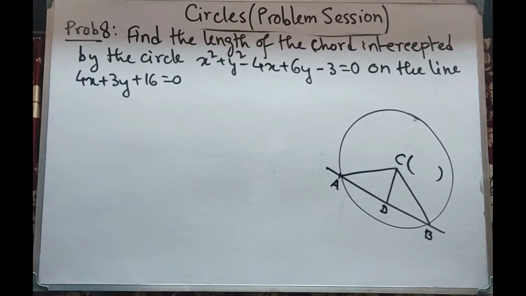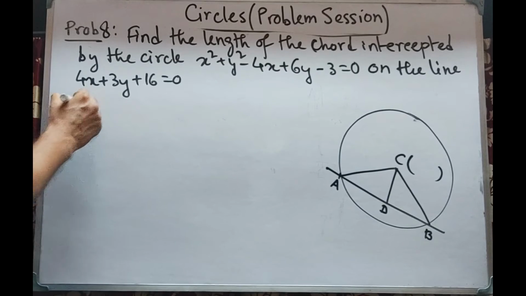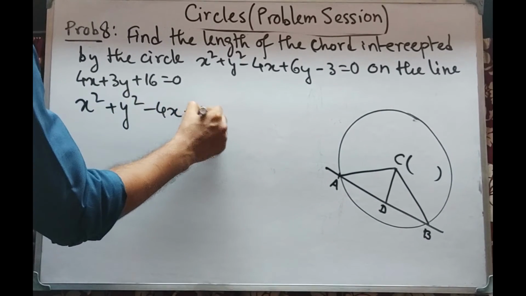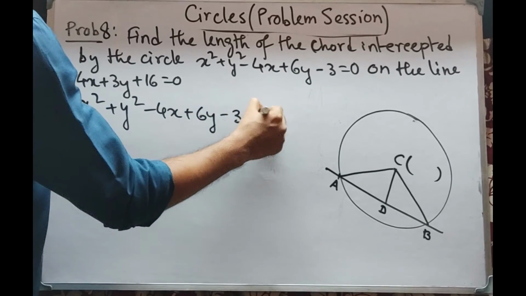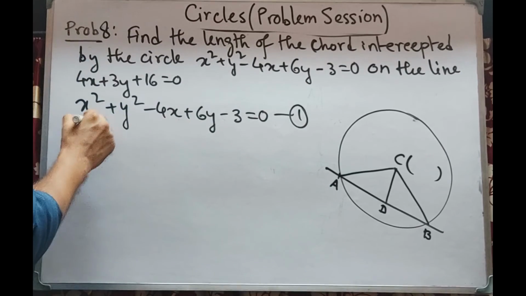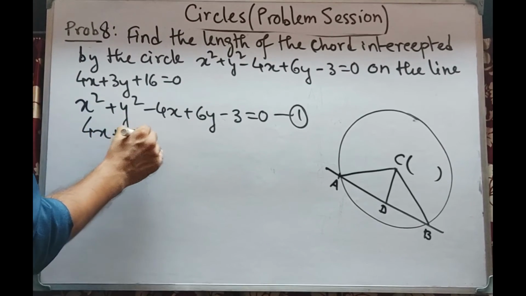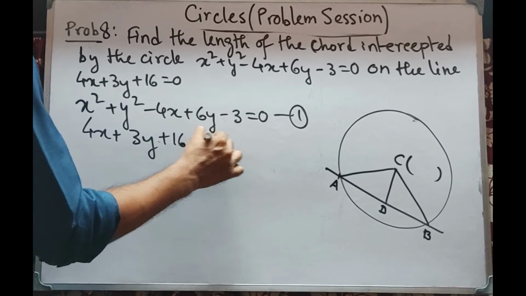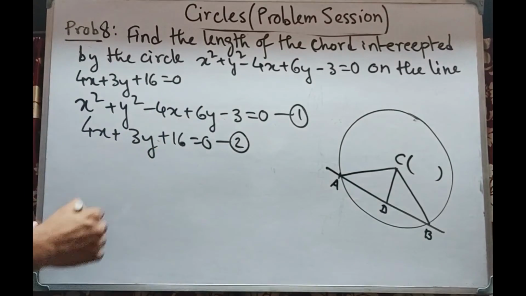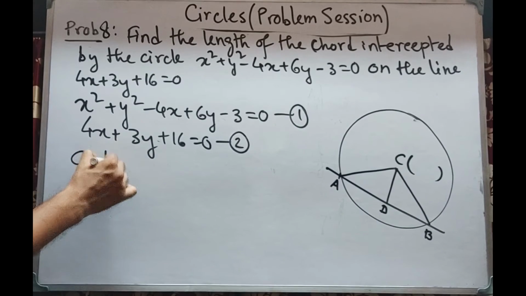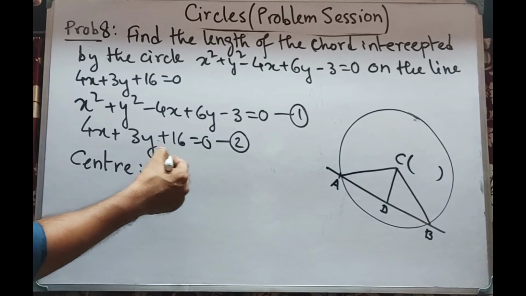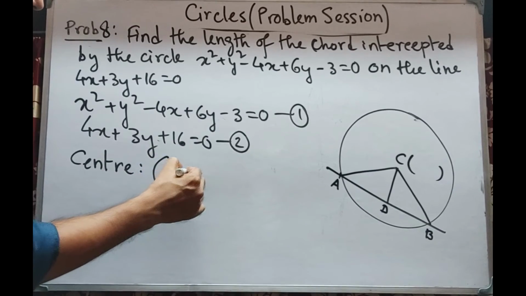So first we need to find the center and the radius of the circle. So if I take the equations here, and the second one here, then we can say that the center of the circle is easily (2, minus 3).